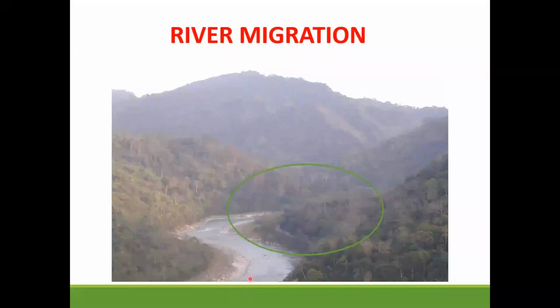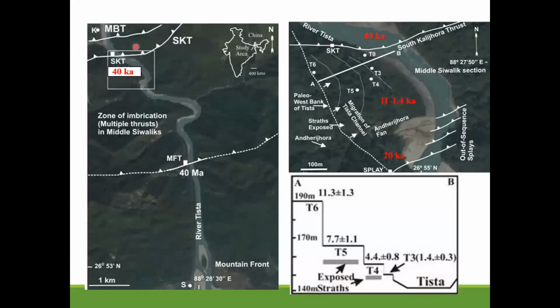One of the things deformation at this stage does is it starts affecting the topography and also river migration. Here we see a river which was flowing like that has been migrating through time to the west. This is just south of Kalijhora, for people from the area.